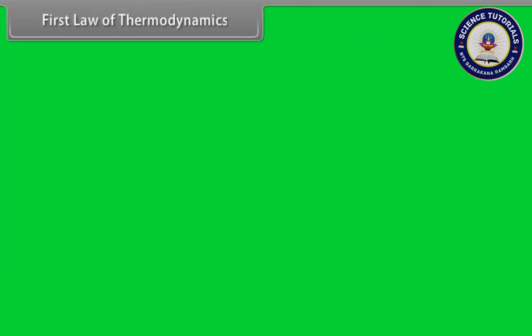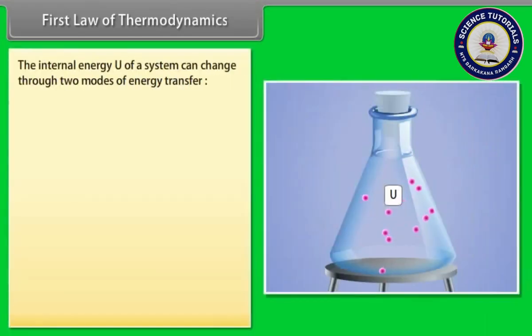First law of thermodynamics. The internal energy U of a system can change through two modes of energy transfer, heat and work.